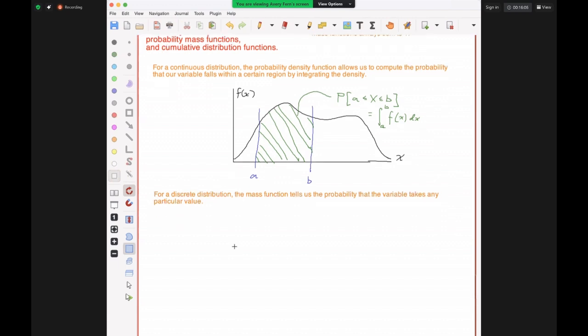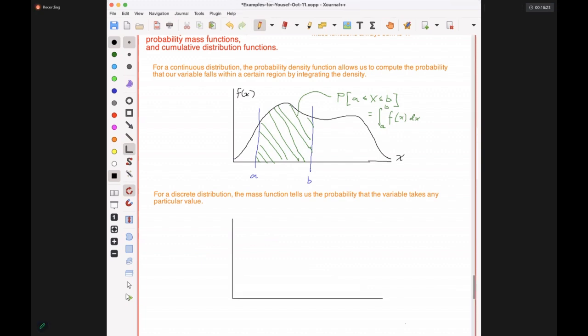So let's say I'm looking at values x here are 0, 1, 2, 3, 4, and my vertical axis is p of x. That's a common way to denote a mass function.